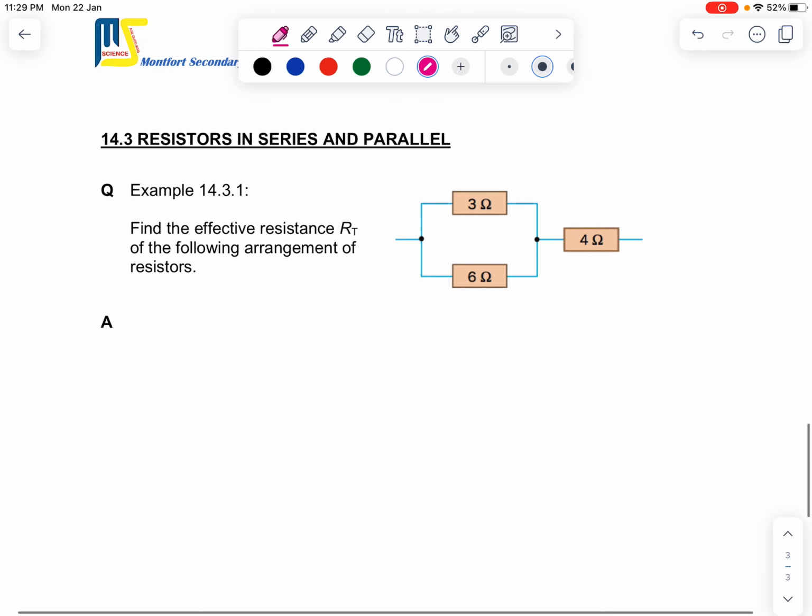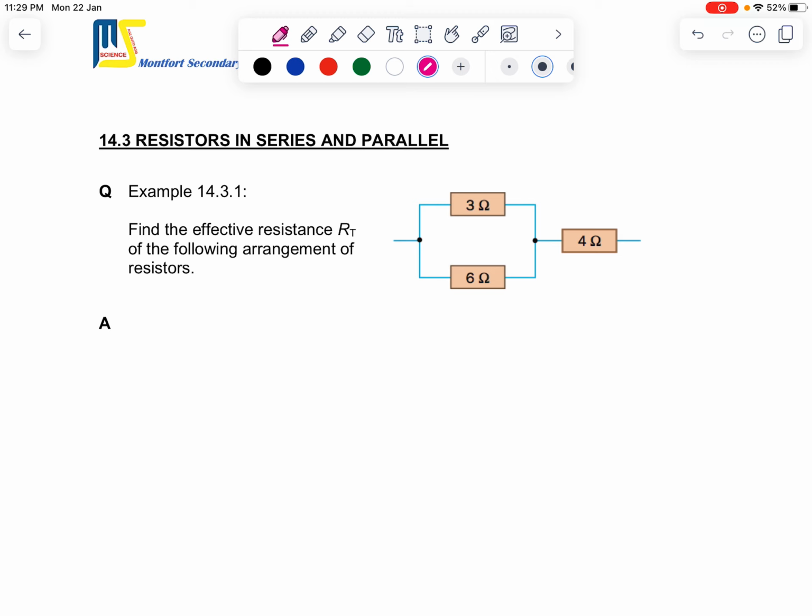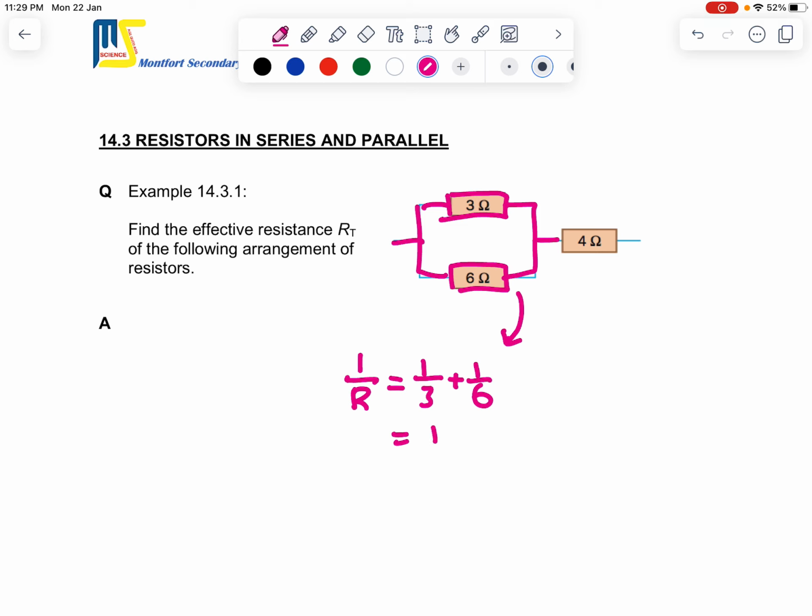Okay, let's look at another example of both in series and parallel. You can see that there is a 3 ohm resistor and a 6 ohm resistor in parallel. So let's solve the one in parallel first. 1 over R equals 1 over 3 plus 1 over 6, which gives me 1 over 2. 1 over R equals 1 over 2, R equals 2 ohms.